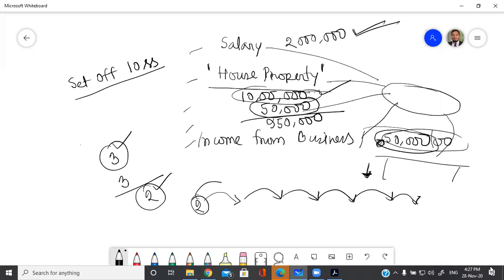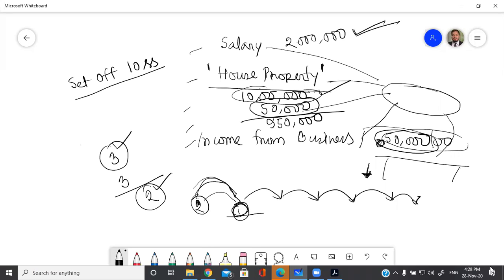You can carry forward this loss, and when you have positive income in a subsequent income year, you can reduce your taxable income by the amount of loss you are carrying forward. If 1 million of this 2 million loss is still remaining to be set off, how long can you carry forward this loss? You still have 5 years.